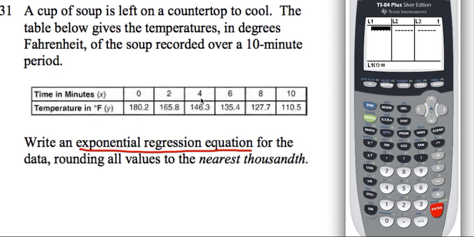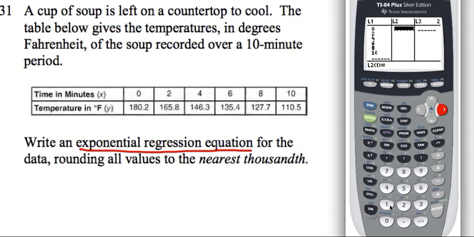And here we have 0, 2, 4, 6, 8, 10. Plug in all those values in.